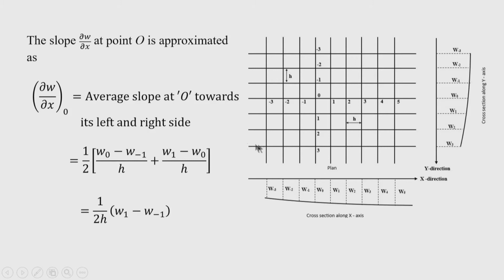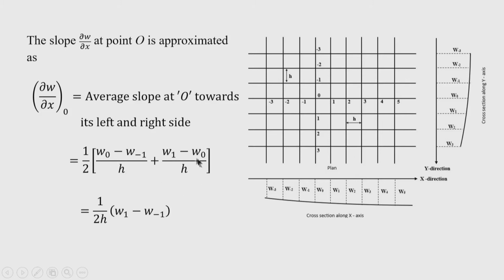Similarly, on the left hand side, that is the backward difference, while this is the forward difference. On the negative side, the slope will be W naught minus W minus 1, divided by h. These two quantities are added and divided by 2 to take the average slope.